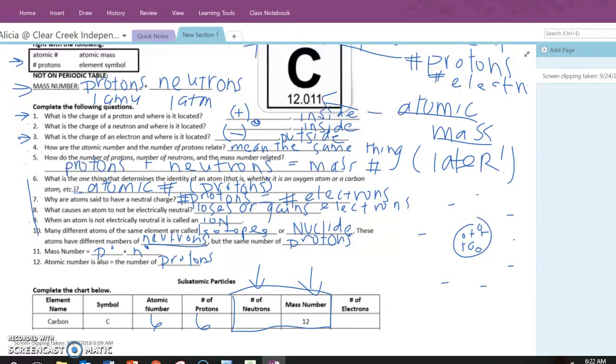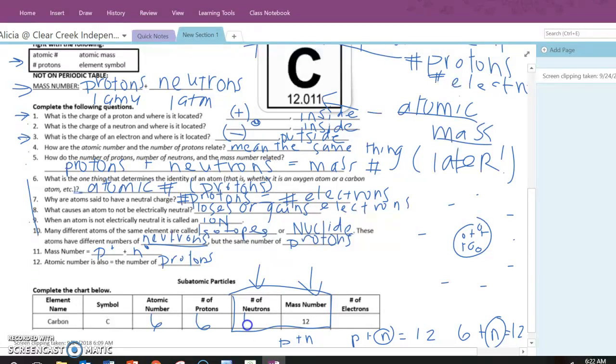So if I'm telling you the mass number is 12, that means, remember, the mass number is protons plus neutrons. So if protons plus neutrons equals 12, we've got to figure out our number of neutrons. We know we have 6 protons. So how many neutrons do I have?